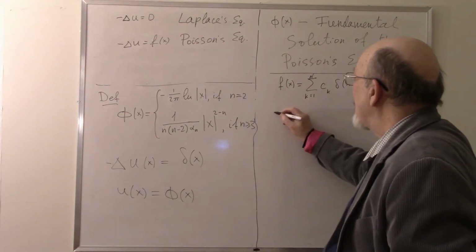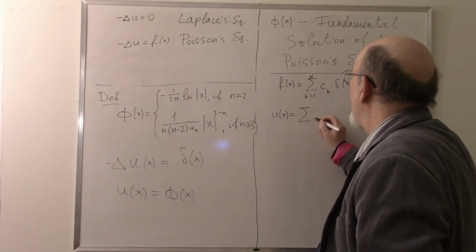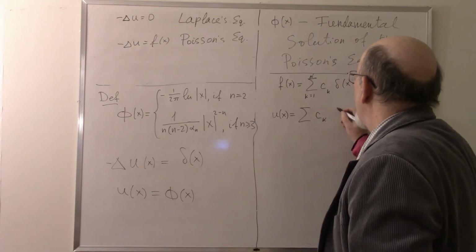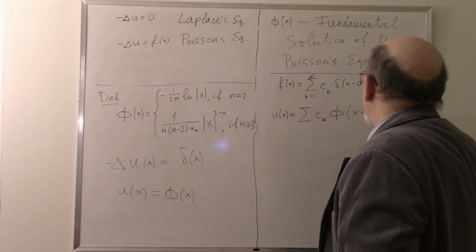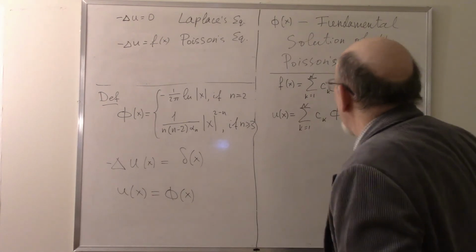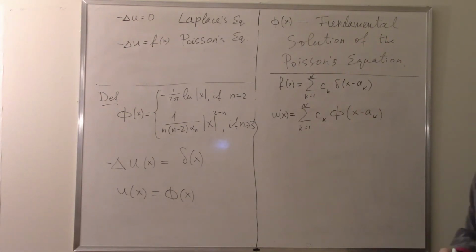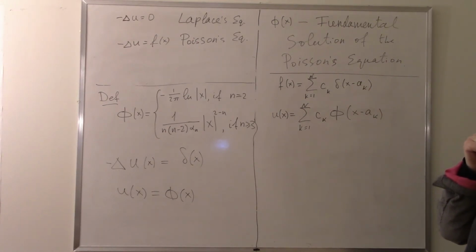You have a solution u of x equals sum ck phi of x minus ak, k from 1 to n. So this way we can solve the equation with many delta functions in the right hand side.